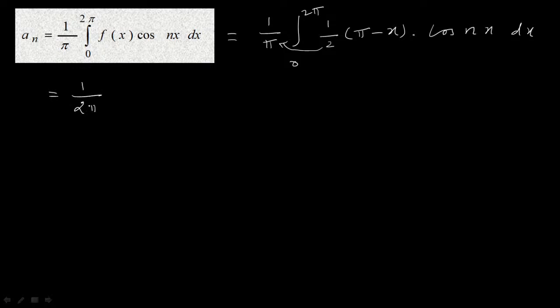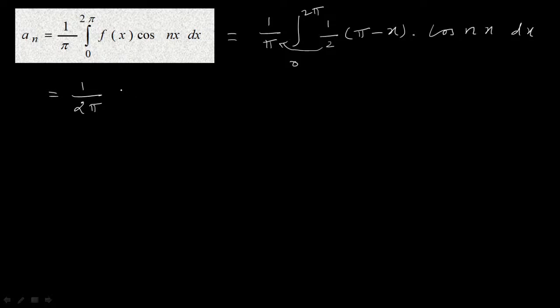So 1 by pi integral 0 to 2 pi. Here f of x is (pi minus x) by 2, am I right? Product cos nx dx. So 2 is a constant, so take it outside of the integral. So 1 by 2 pi. In the next step you take it outside of the integral.